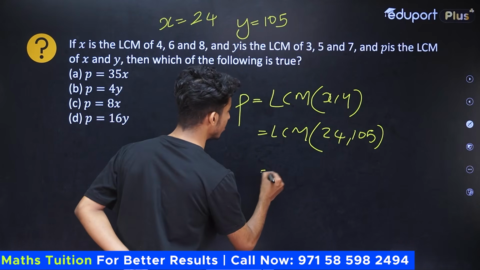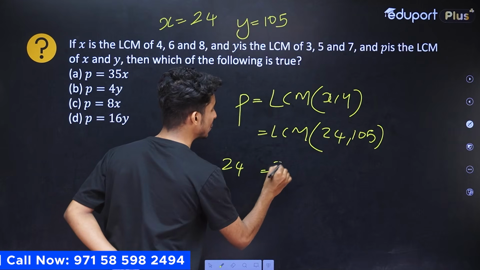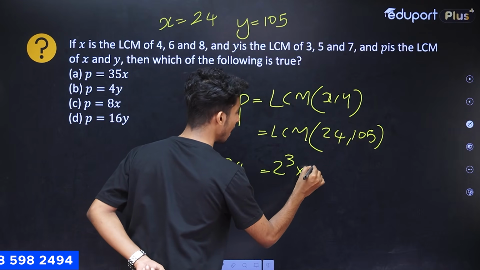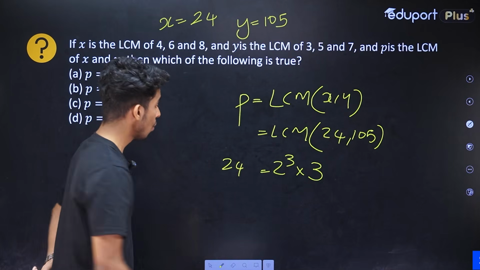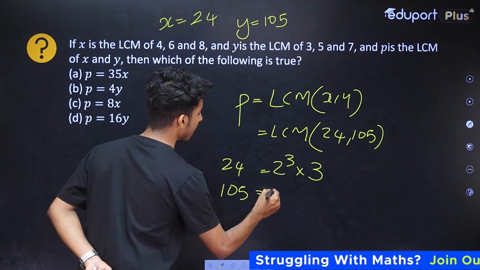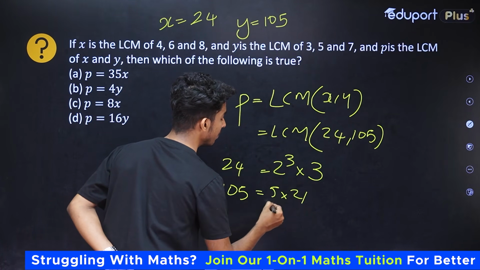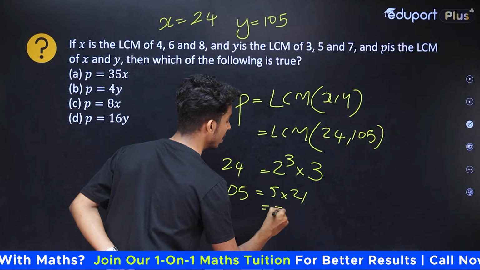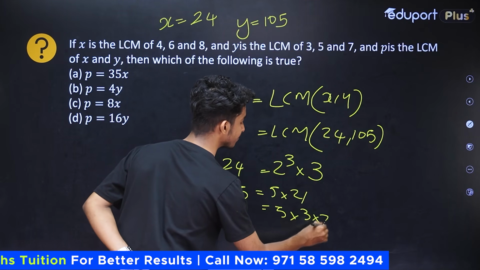Here you can directly do it. You already know 24 can be written as 2 cube into 3. 105 can be written as 5 into 21, and 21 can be written as 3 into 7.